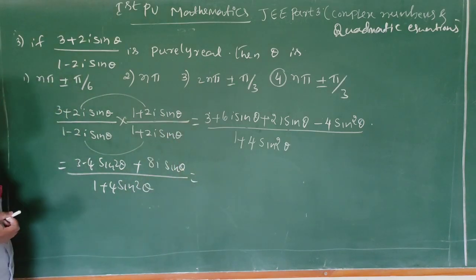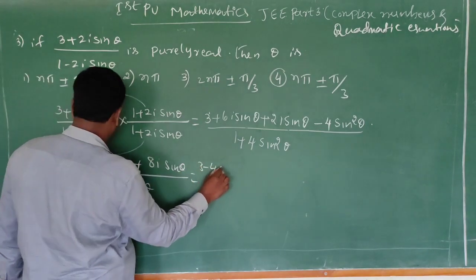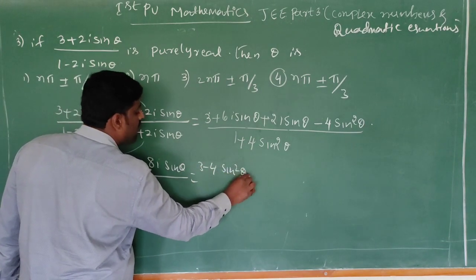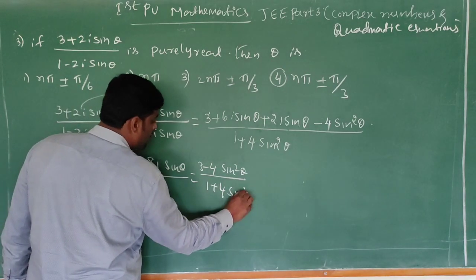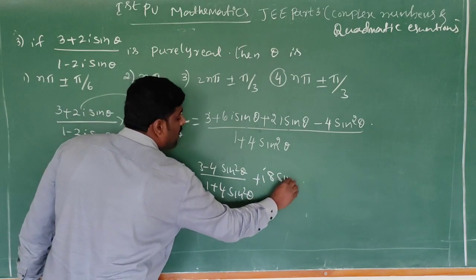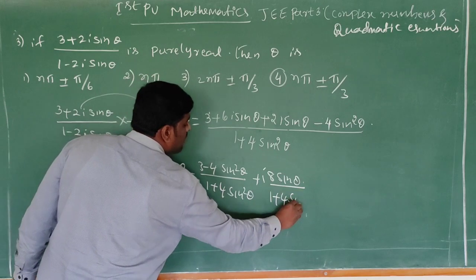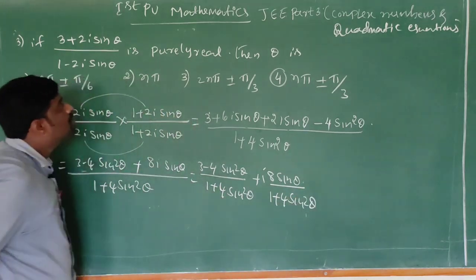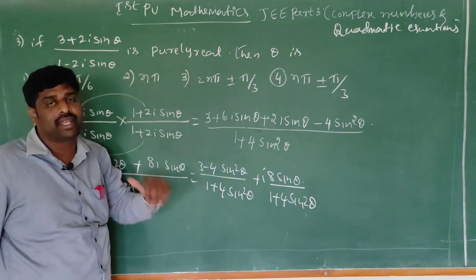Now separate the real part and imaginary part. So what is the real part here? (3 minus 4 sin square theta) divided by (1 plus 4 sin square theta), plus 8 sin theta divided by 1 plus 4 sin square theta. Observe the question. This one is purely real.